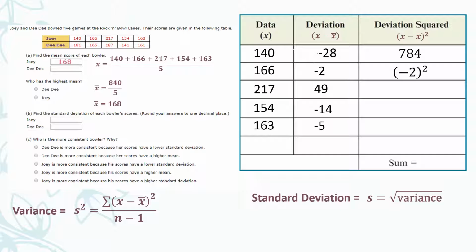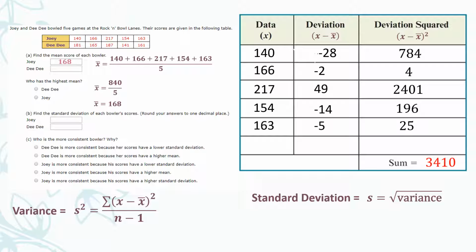Negative 2 squared, that's negative 2 times negative 2, is 4. 49 squared, I don't have parentheses around this one because it's positive, is 2401. Negative 14 squared is 196. And then negative 5 squared is 25.